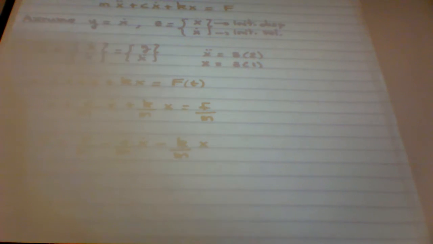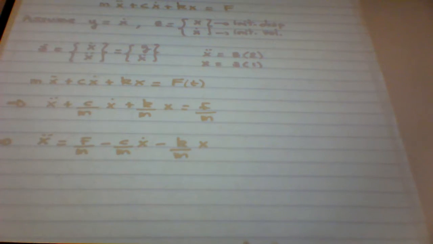Yeah, so this will mean what? That z dot, that is equal to x dot and x double dot. I mean, this is exactly the same thing we did last time. Will be equal to what? x dot on the top, and then on the bottom? f over m, minus c over m x dot, minus k over m x.